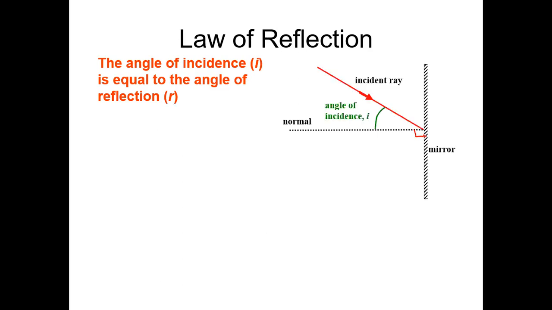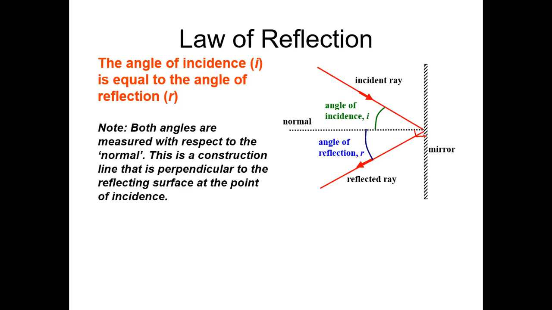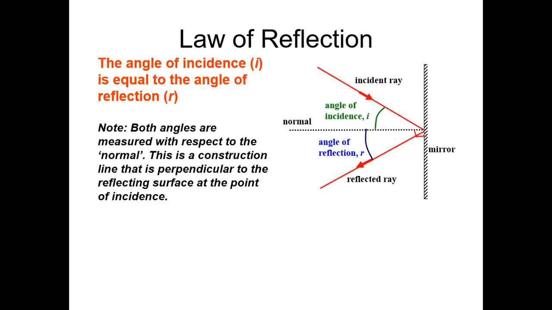Let's say this is the incident light, and its angle is I, and then this is the reflected light and its angle is R. Both the angles are always measured from the normal, and both the angles are always equal to each other. So we will say that the angle of incidence is always equal to the angle of reflection.